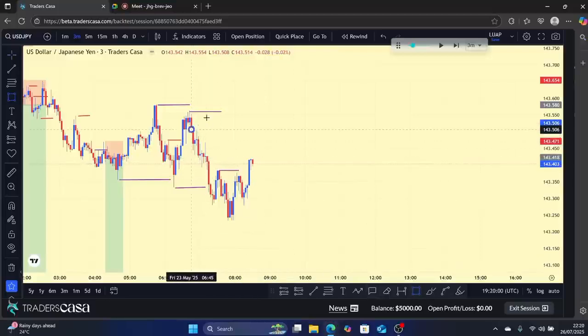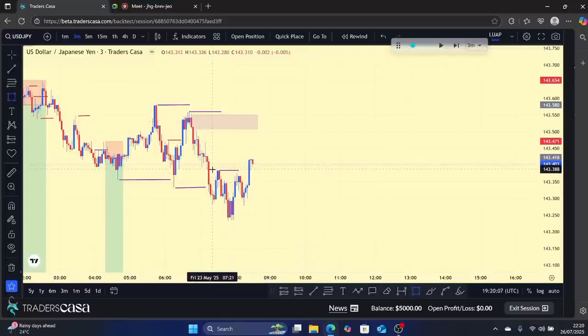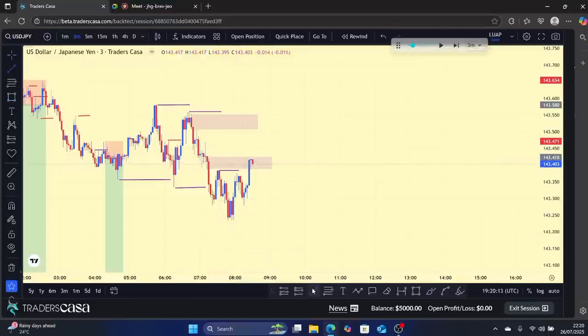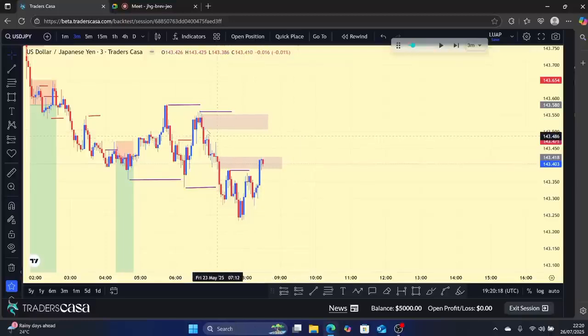After all, this is the extreme. You can see that this is the extreme, and this one here is what we call the decisional, of which the fair value gap is not fully mitigated, and this one here is what we call the engineering liquidity.